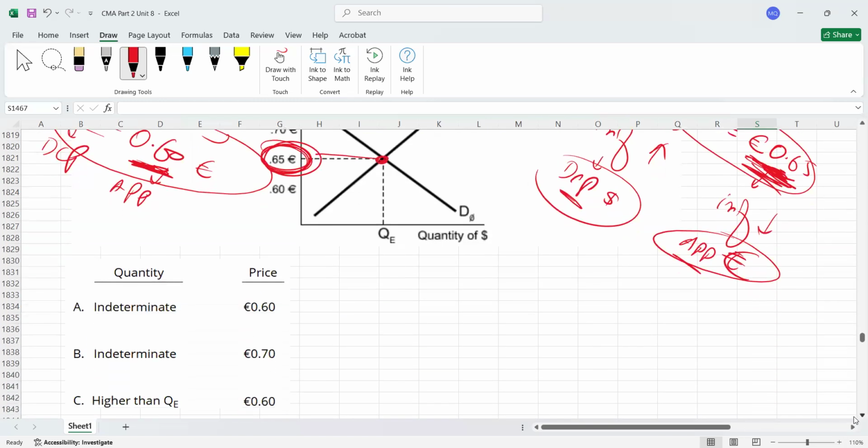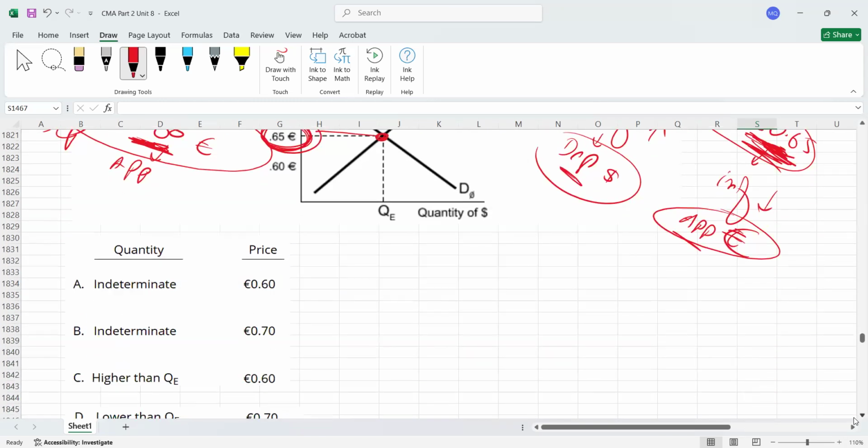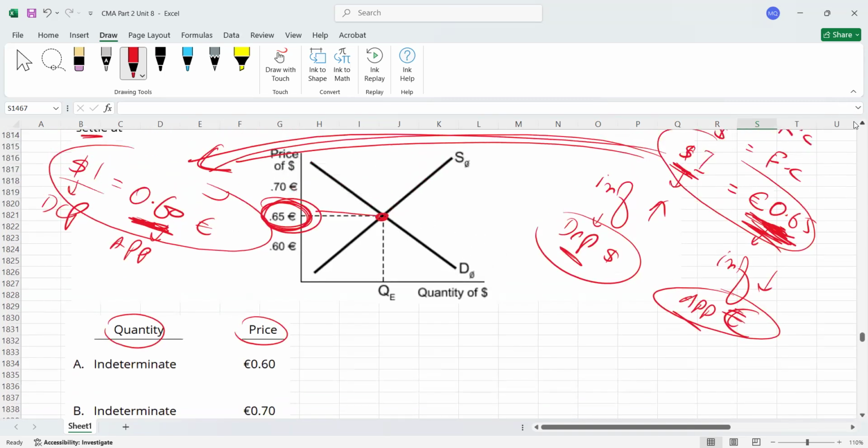So here we go. If you look at the options now, you got options of quantity and options of price. For the price, one thing is for sure: the price should be lower than 65. Any price, it could be 61, 62, 60, but we have to look at the options. But quantity we don't know, because equilibrium quantity is where supply and demand of the foreign currency will be equal.